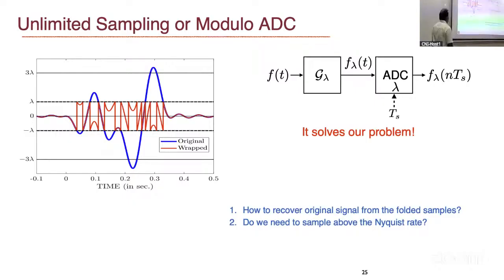And the question also is whether we should sample higher than the Nyquist rate in this case, or whether Nyquist sampling should be good enough. That also we have to answer. Is it clear? So we are keeping all the information with us. Now the question is that all the information is in a folded version. Can we get back everything?